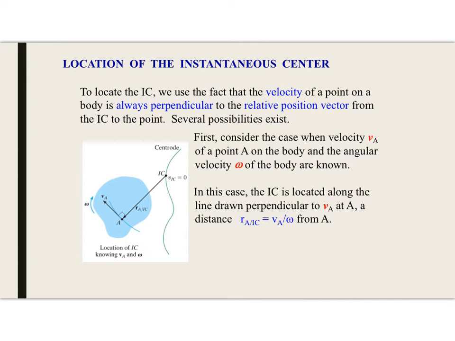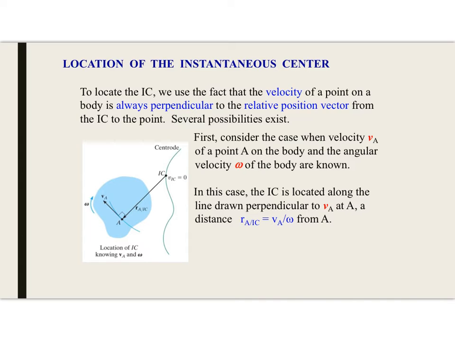So thank goodness, here's a better picture. One of the things I already said, but it's true, is that the velocity and the radius vectors are going to be perpendicular to each other, because the instantaneous center, in a sense, is like the center of a circle. And so as the body's rotating, that point is going to be tracing out a circle.